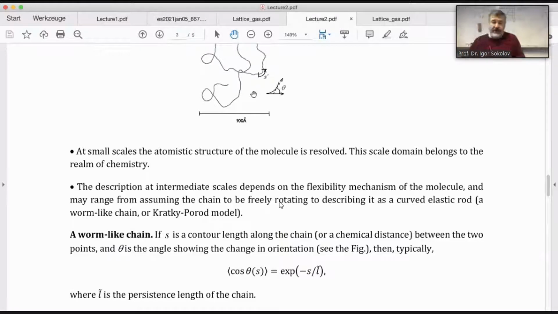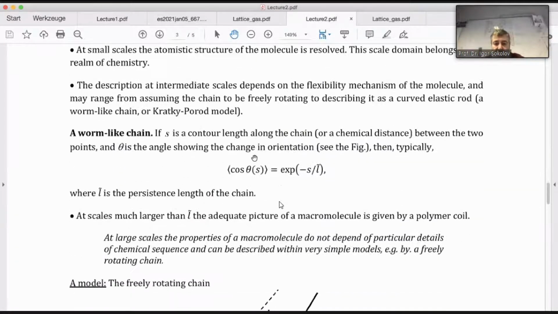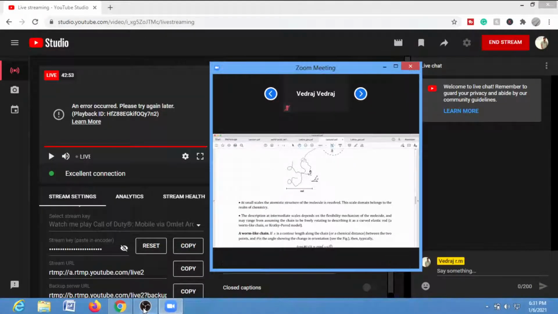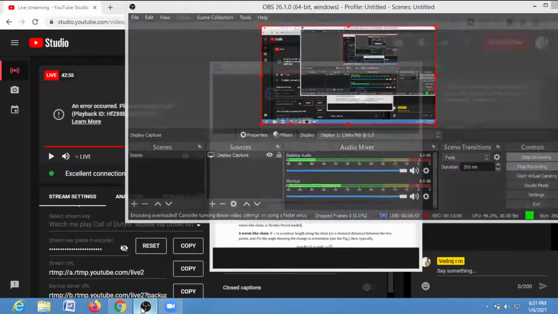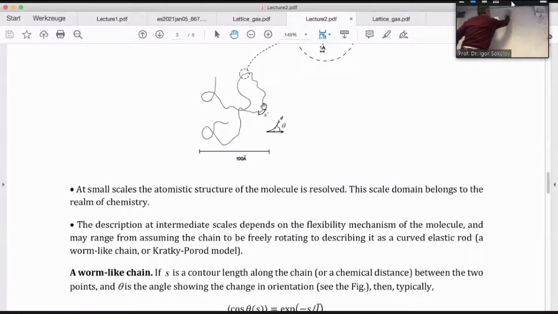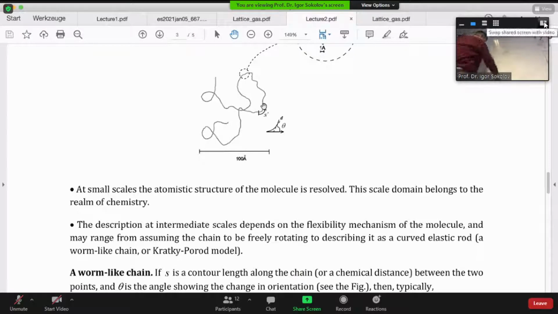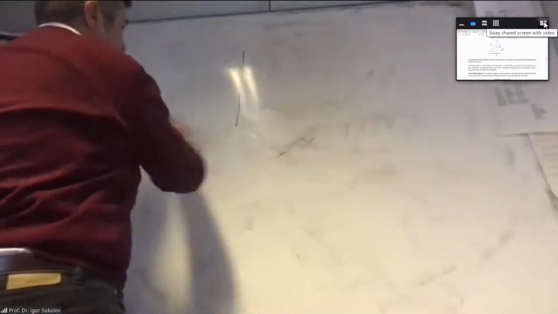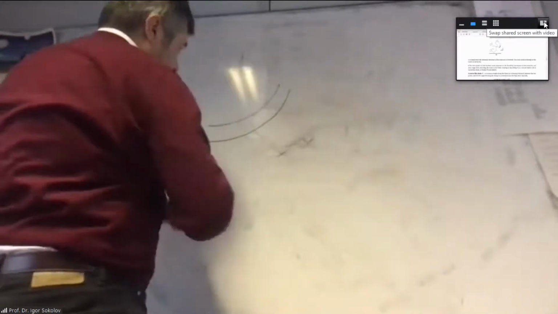So here one looks at the following. Look at this part of the chain. I can draw it on the whiteboard. So this is my chain, and it's bulky. And there is somewhere a central line.